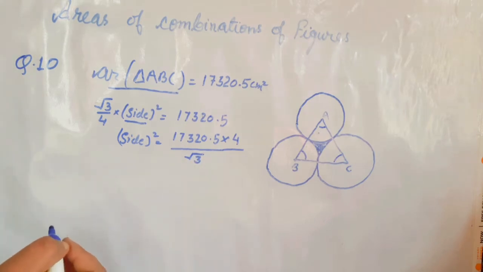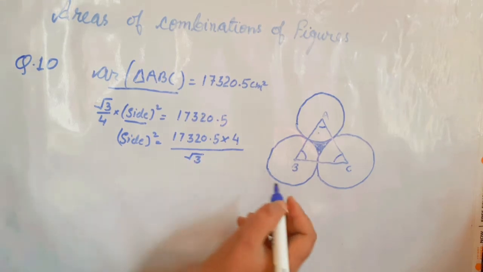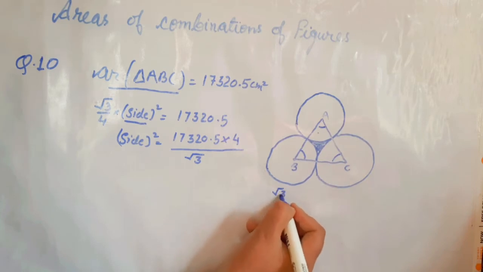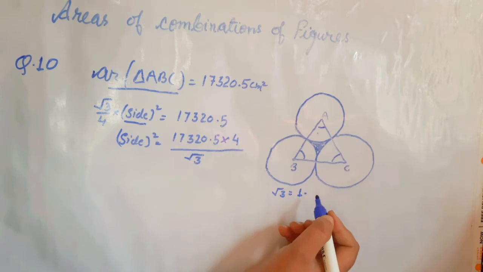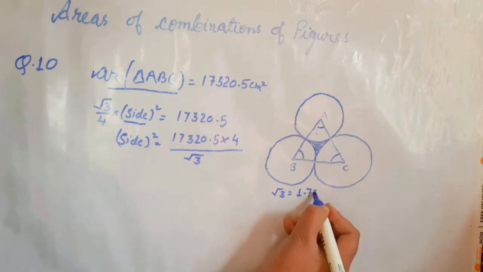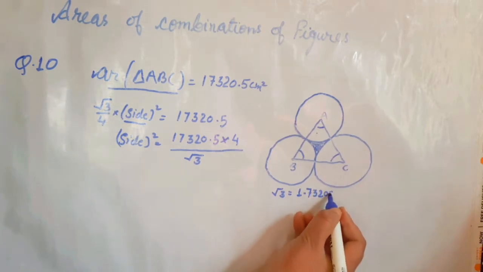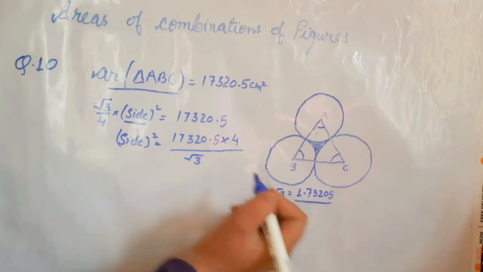So in the question, the value of square root 3 is given equals to 1.73205. Let us replace the value.